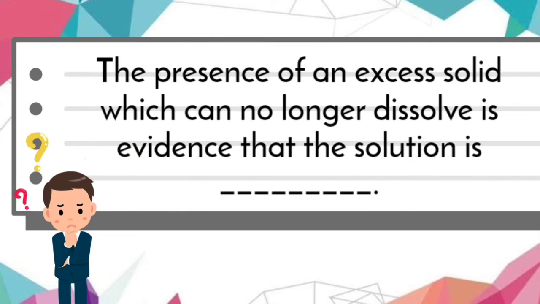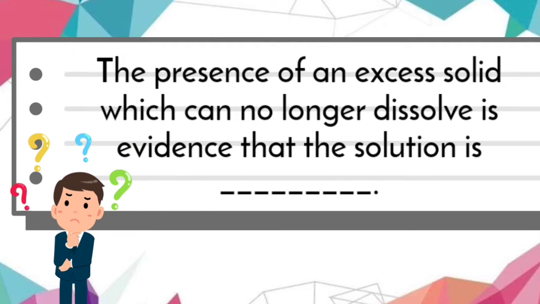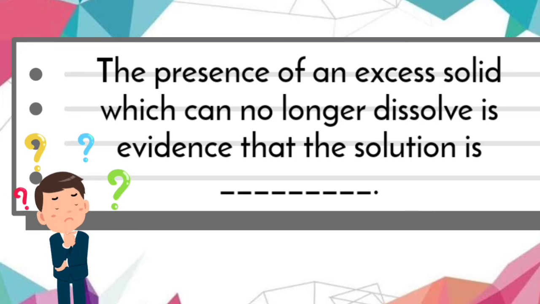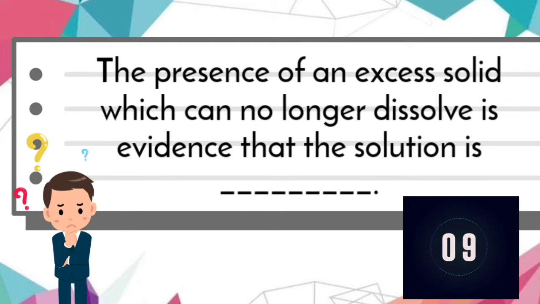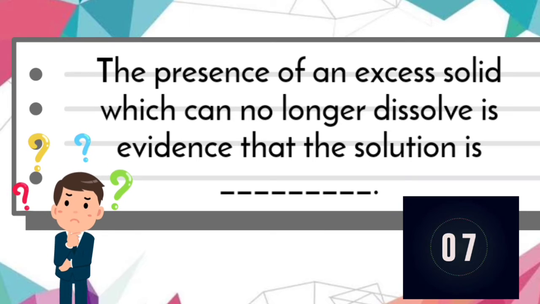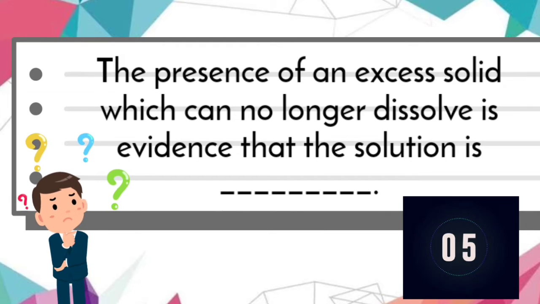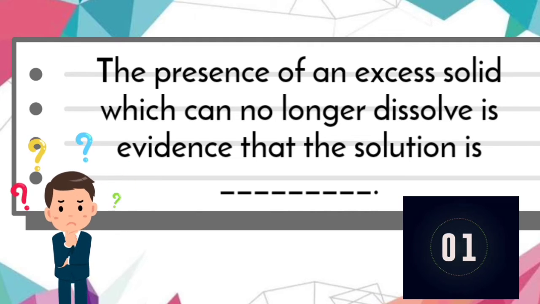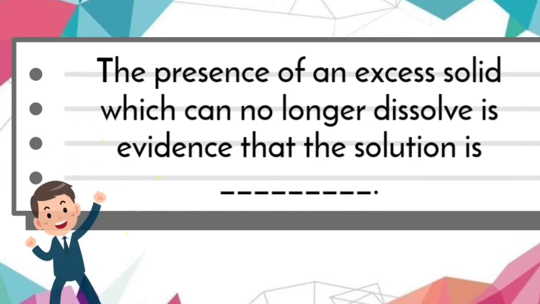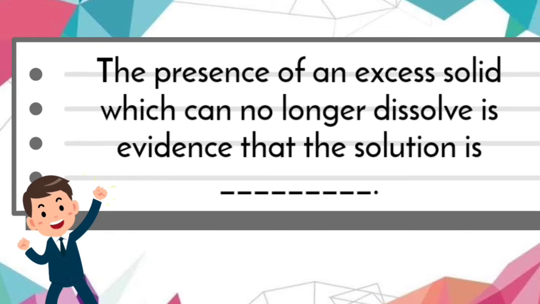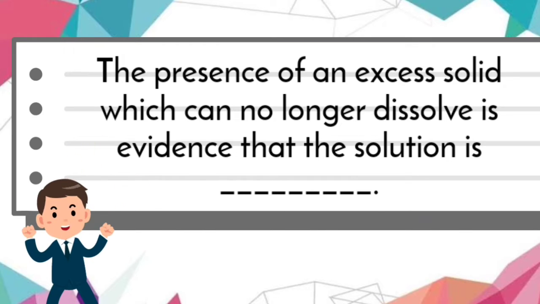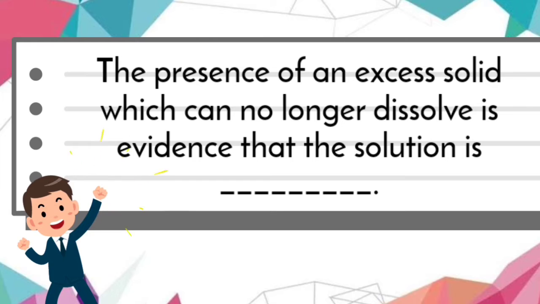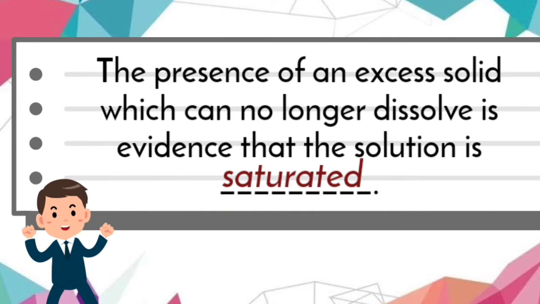The presence of an excess solid which can no longer dissolve is evidence that the solution is blank. Good job! The presence of an excess solid which can no longer dissolve is evidence that the solution is saturated.